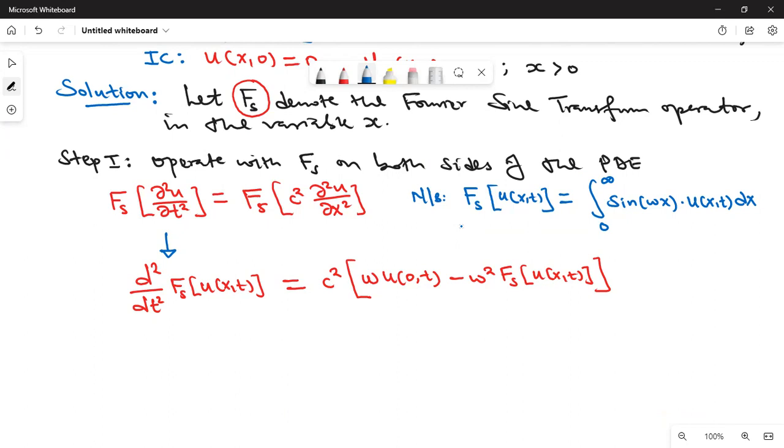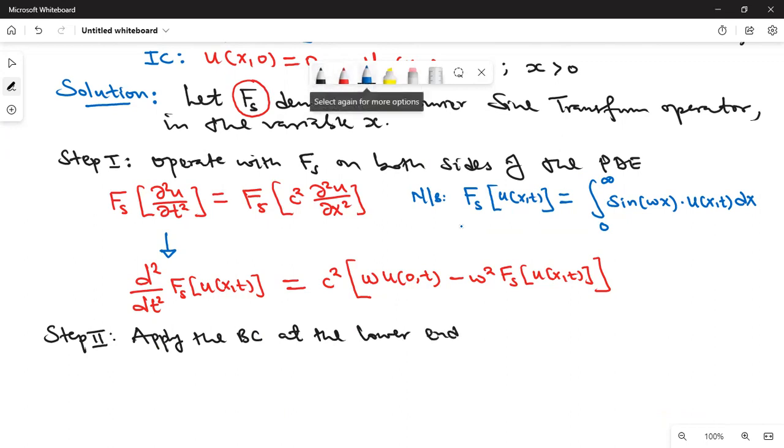So having known that, let's now apply the boundary condition we are given. The second step, step 2: you now apply the boundary condition at the lower end, that is when x is 0.